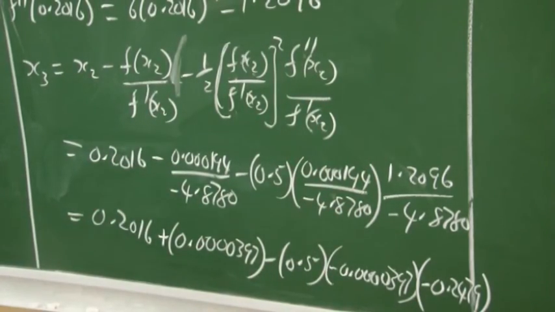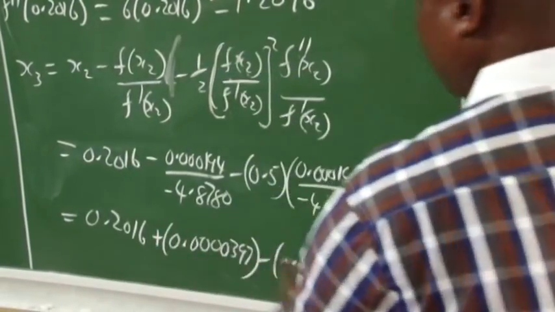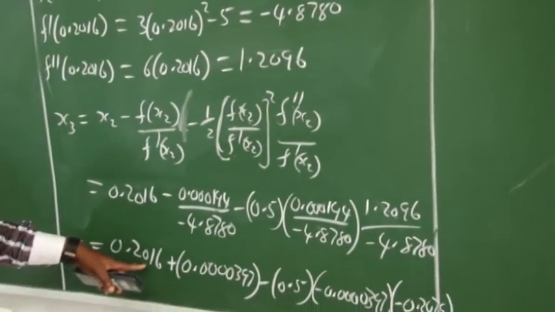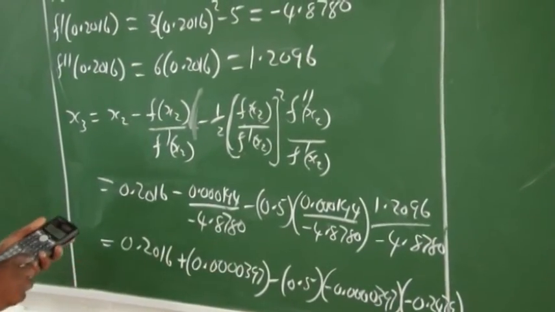Okay. Next, we are going to compute the whole value. Now, this is 0.2016. So let's add all of them.